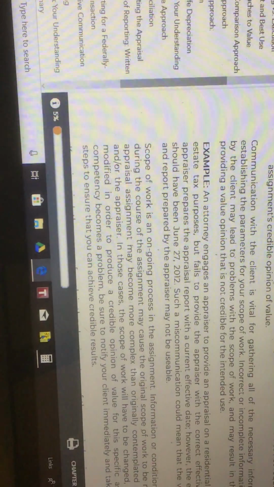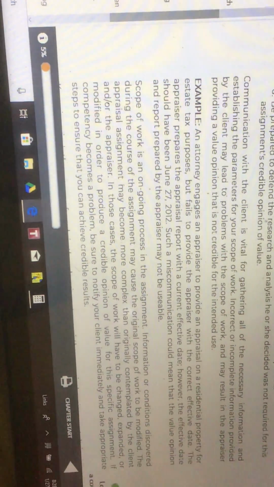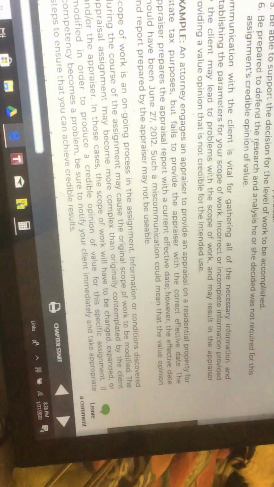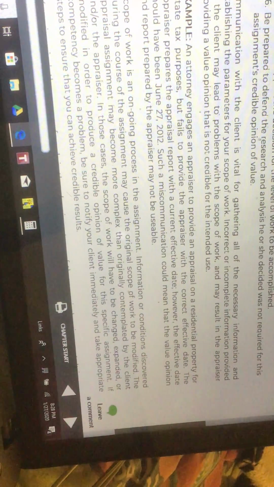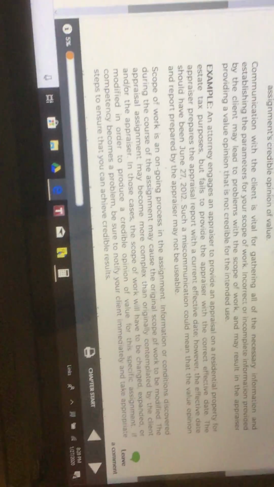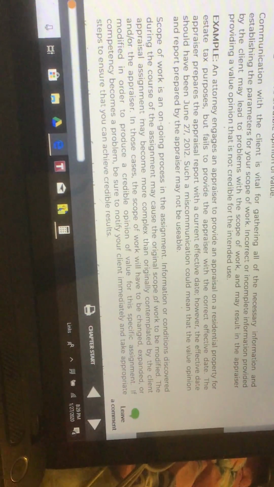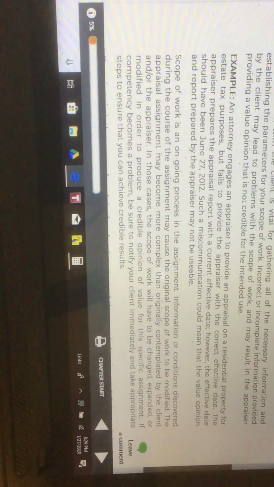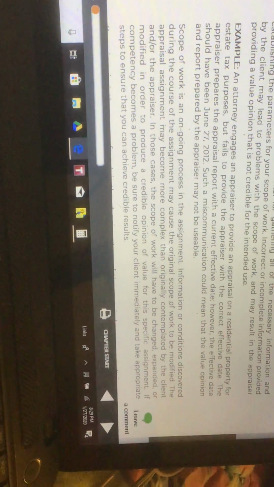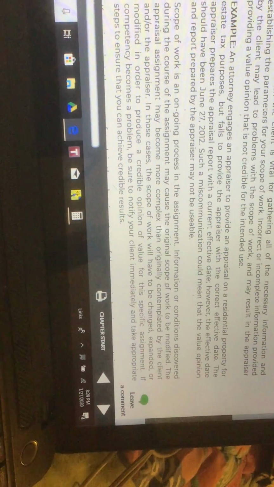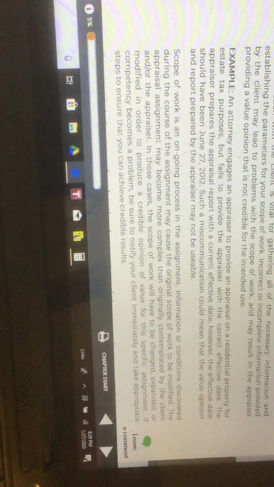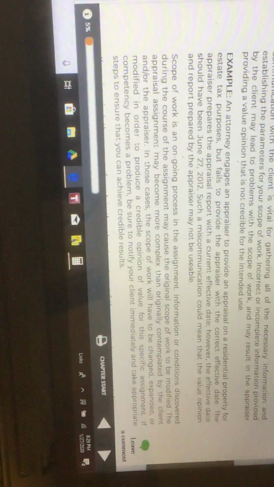Scope of work is an ongoing process in the assignment. Information or conditions discovered during the course of the assignment may cause the original scope of work to be modified. The appraisal assignment may become more complex than originally contemplated by the client and/or the appraiser.